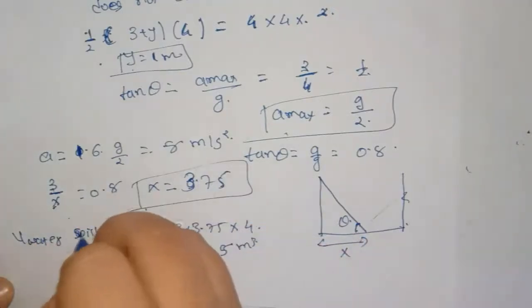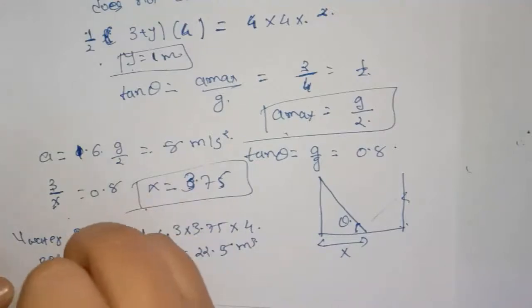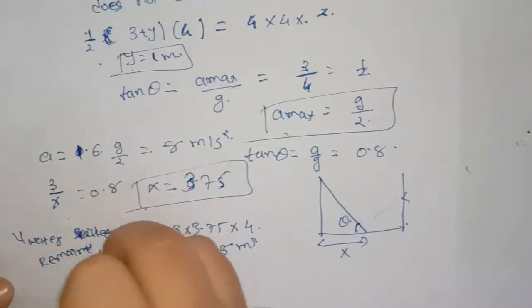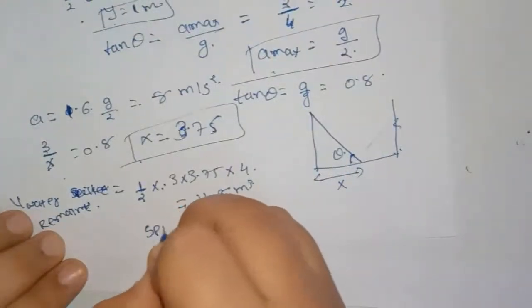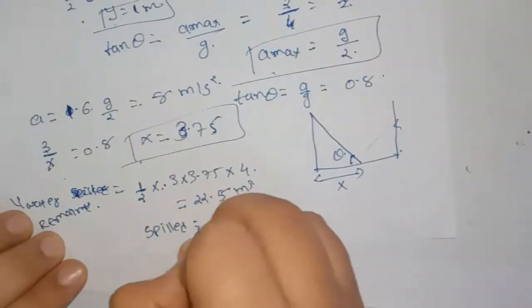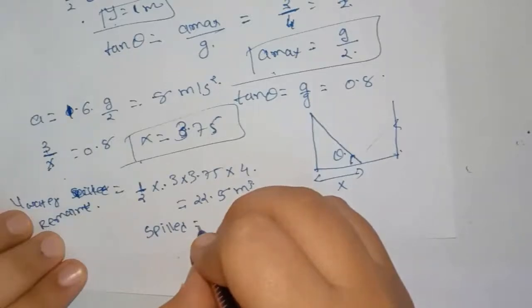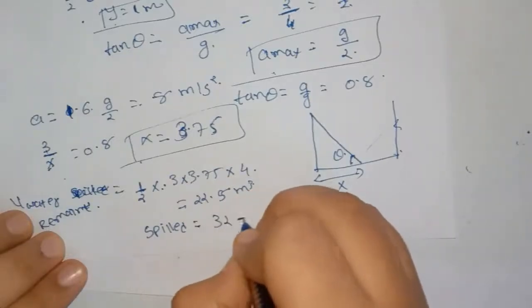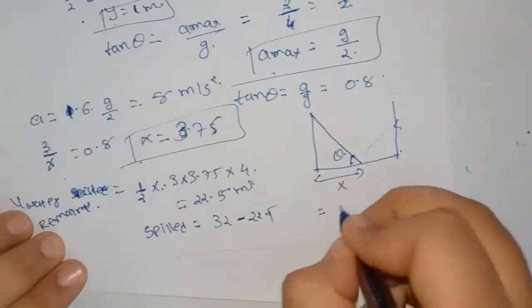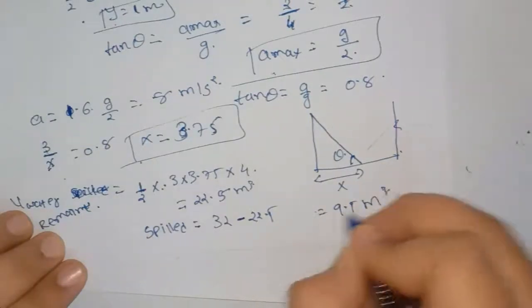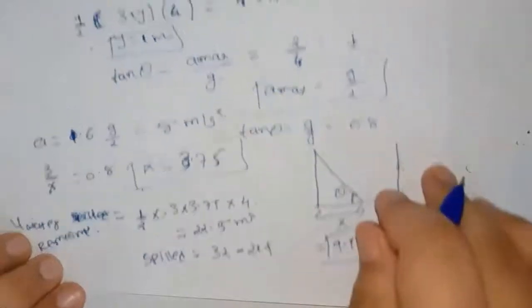This is the water remained. So water spilled is equal to total volume, that is 32, minus 22.5. This will give us the answer 9.5 meter cube.